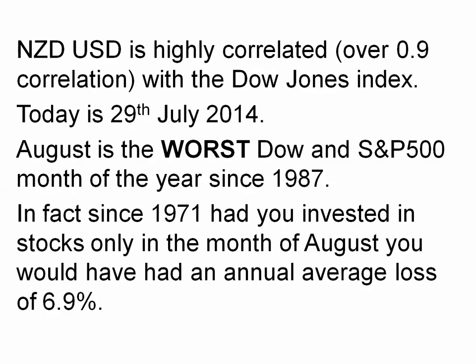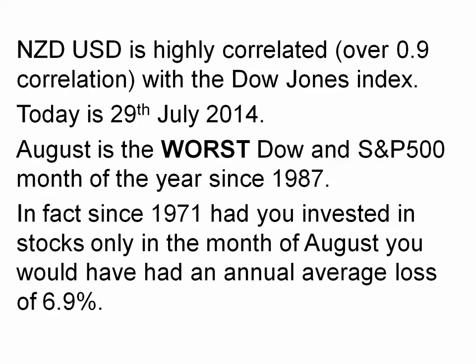You may know that the New Zealand dollar US dollar is highly correlated, over a 0.9 or over 90% correlated with the Dow Jones index. And as I said earlier, today in New Zealand at least, it's the 29th of July. In the US it's the evening of the 28th of July. So we're getting close to the end of July, and August is the worst Dow and S&P month of the year since 1987.